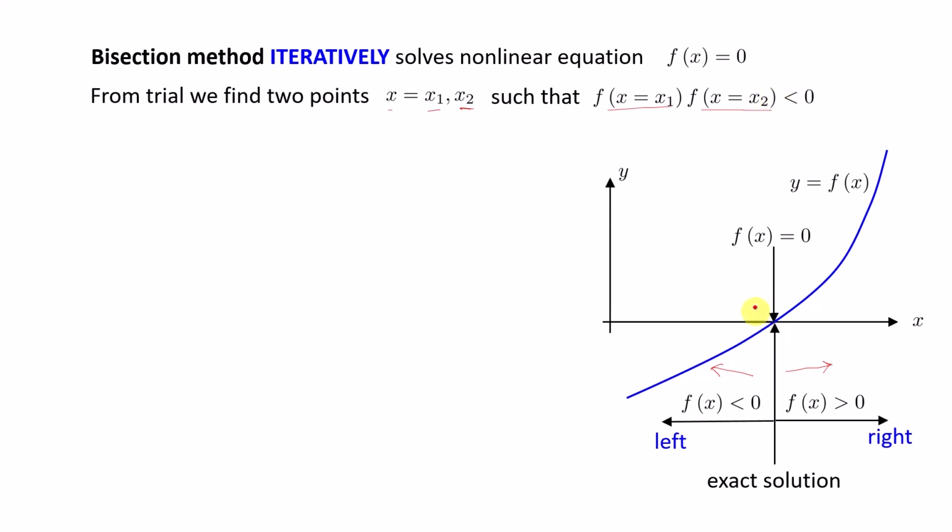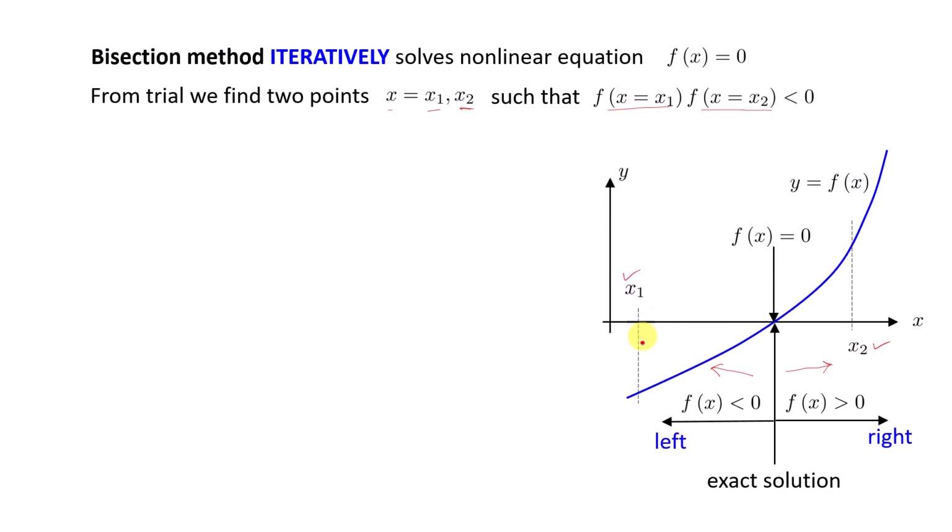So when I say that we have identified 2 points x1 and x2 such that f(x1) multiplied by f(x2) is less than 0, what we mean is that one of these points is on the right side of the solution and another point is on the left side of the solution. For instance, x1 is here and x2 is about here.